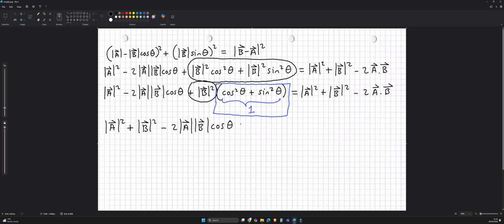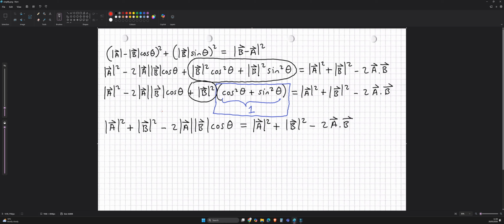And that's going to be equal to the right hand side, which is the magnitude of a squared plus the magnitude of b squared minus 2 times the dot product of a and b.